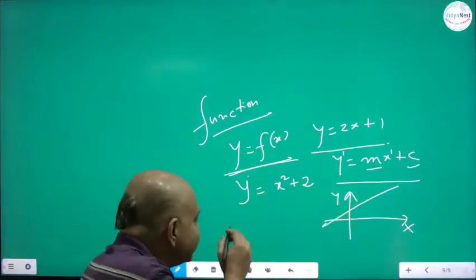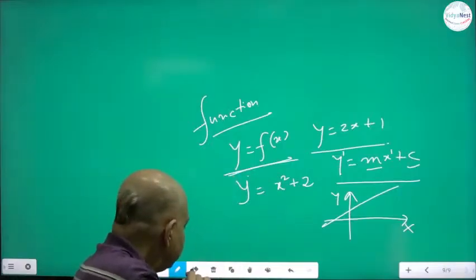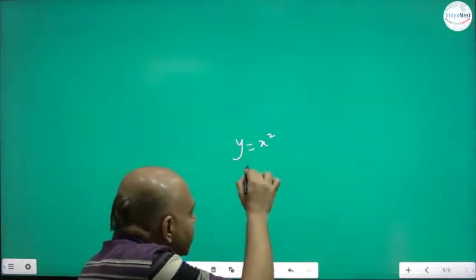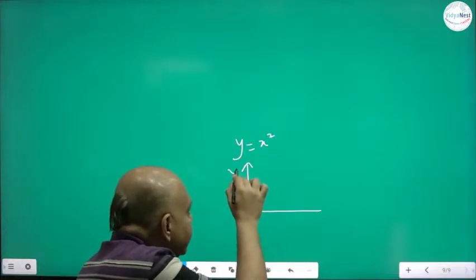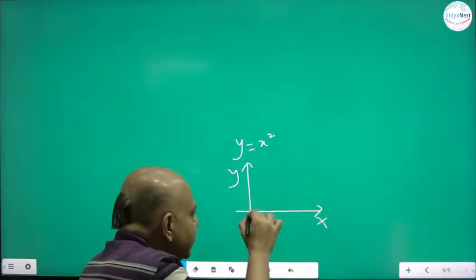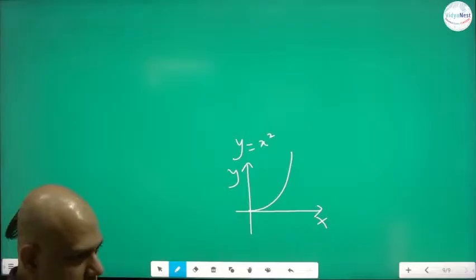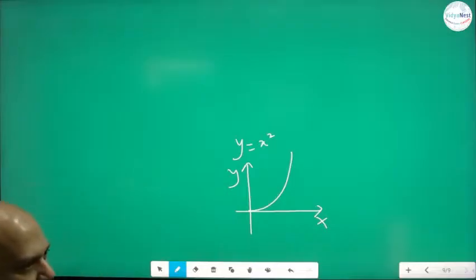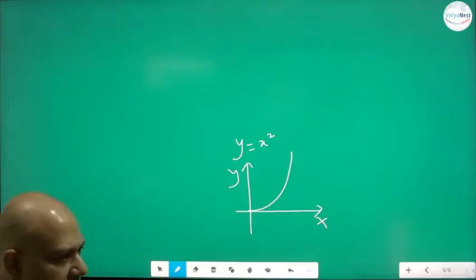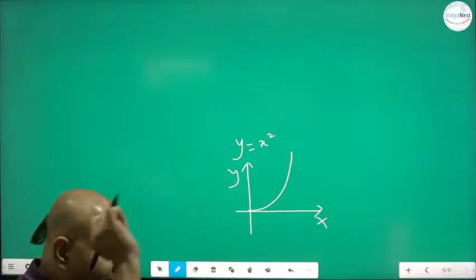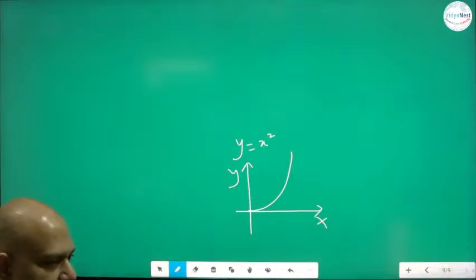If I tell y is equal to x square and plot a graph of y and x, the graph is like this. Actually, it is a parabola. Similarly, we can have a lot of functions, and according to the function we can draw the graph. Understood? I think you understood.